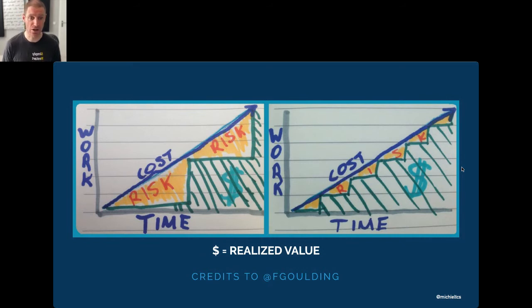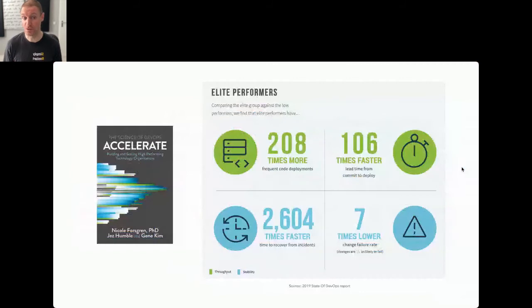Now, research has shown that this is the case, right? It is often assumed that if we deploy software more frequently, that we must accept lower levels of stability and reliability. And the research actually shows that is not the case. So if you look at a book like Accelerate, which is peer-reviewed research in the science of DevOps, you see that elite performers, high performers, deploy 200 times more than low-performing teams.